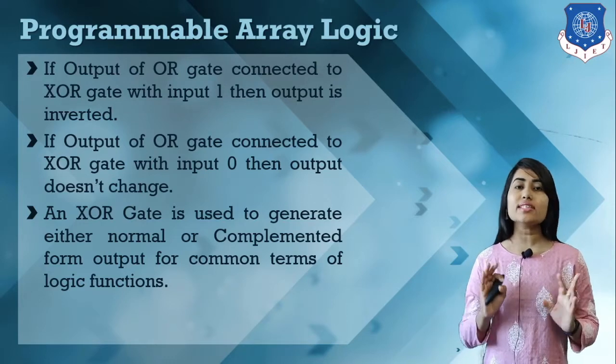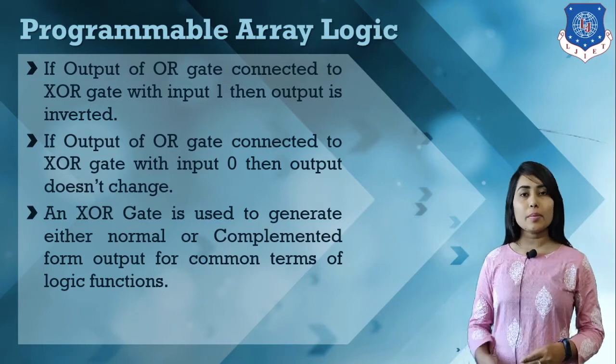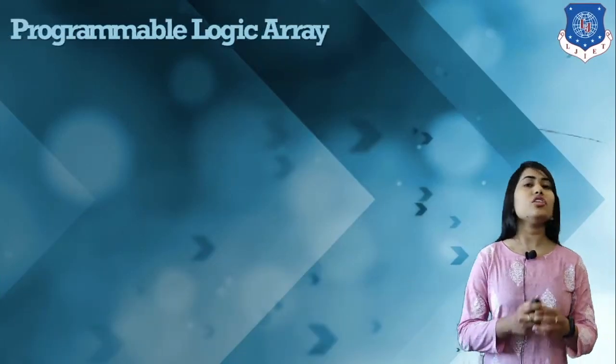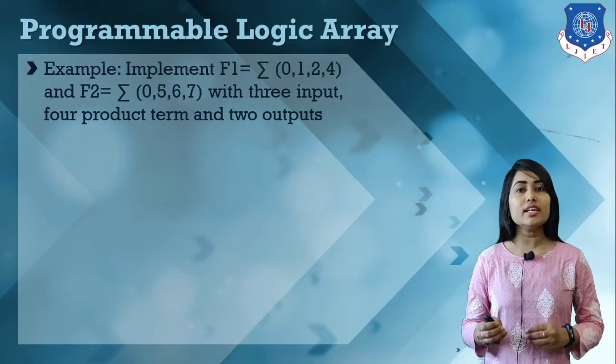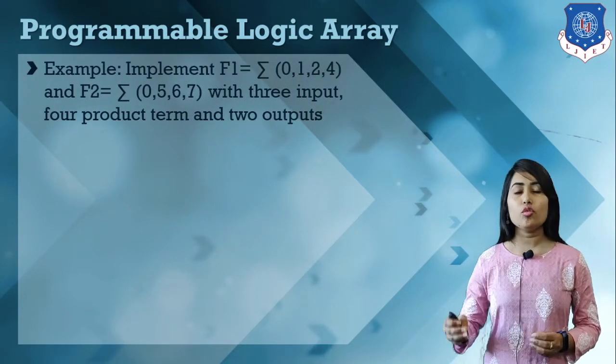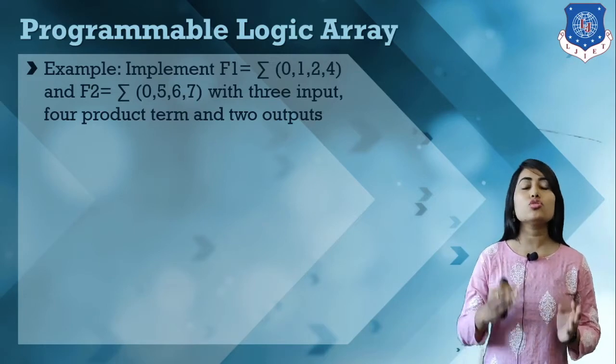So let's discuss how this XOR gate is used with one example. Here we have an example: implement the logical functions F1 = Σ(0, 1, 2, 4) and F2 = Σ(0, 5, 6, 7).